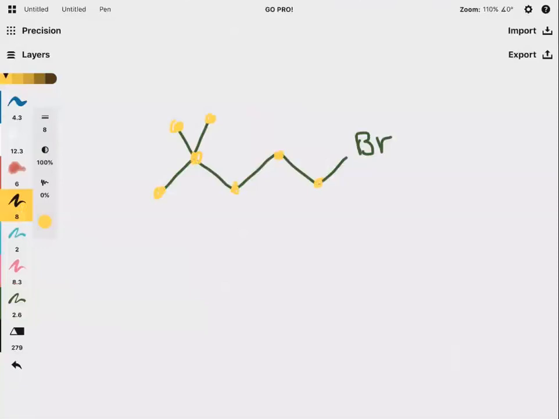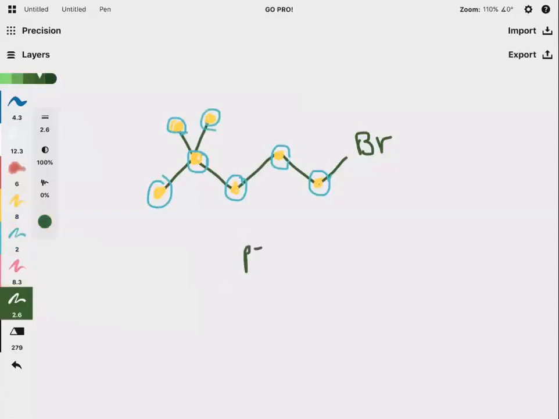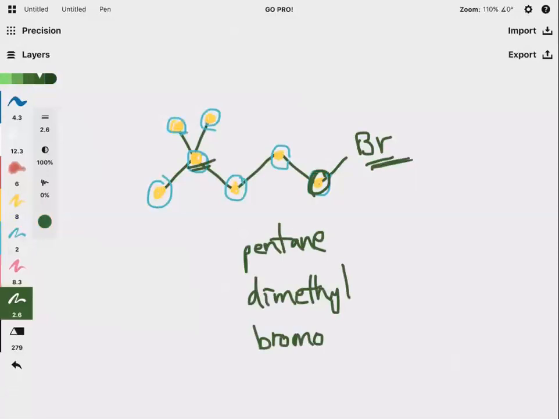If we went in the other direction, wouldn't really matter. Here's carbon 1, there's 2, there's 3, there's 4, and any one of these could be carbon 5. So we know we're dealing with a pentane still. We also know that on one carbon we have 2 methyls sticking off of it, so we're going to have a dimethyl. But then we also have a bromine sticking off of one of the carbons right here. So that's going to be a bromo. All of these things are going to be in our name.